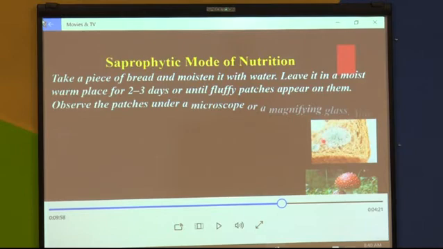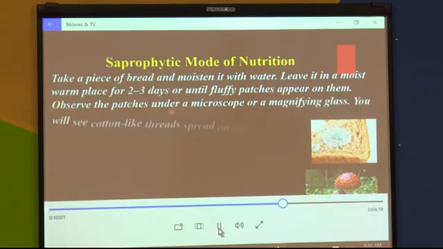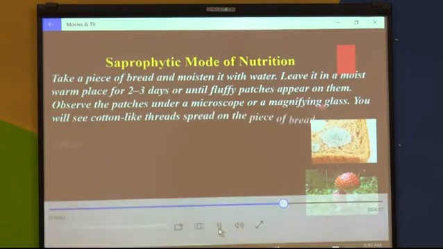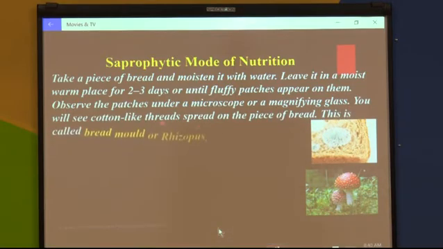So here also you have to take a piece of bread, moisten it with water, leave it for 2-3 days and observe the patches. No need of a microscope; although it says to use a microscope or magnifying glass, you can sometimes see with your naked eyes also.